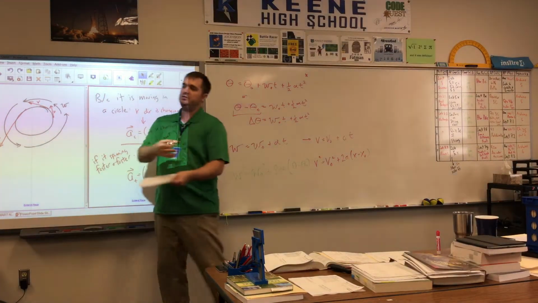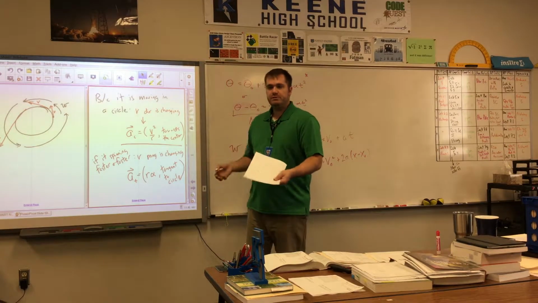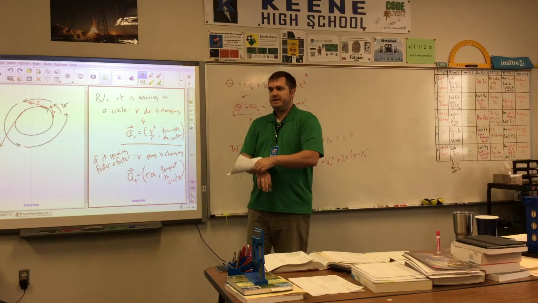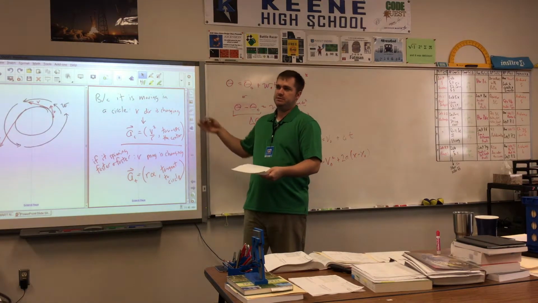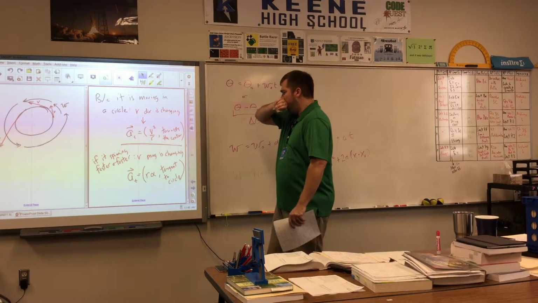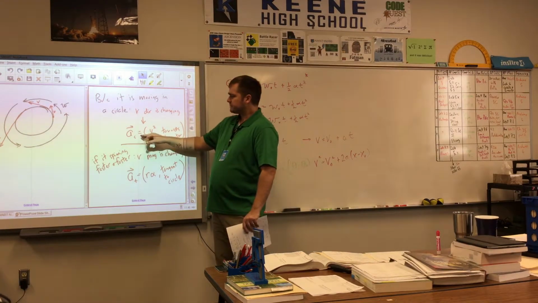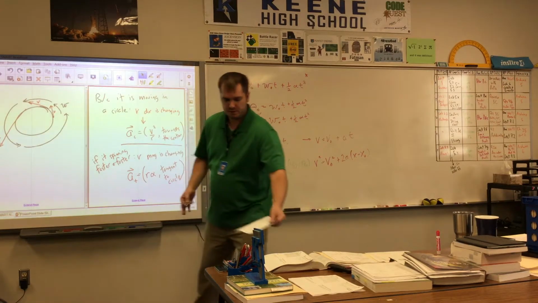It could change its direction, and it could change its magnitude. And both of those will cause, by definition, acceleration. Or it's actually the other way around. It's a force which causes acceleration, which causes the change in velocity. But that's okay. The change in direction causes centripetal acceleration.